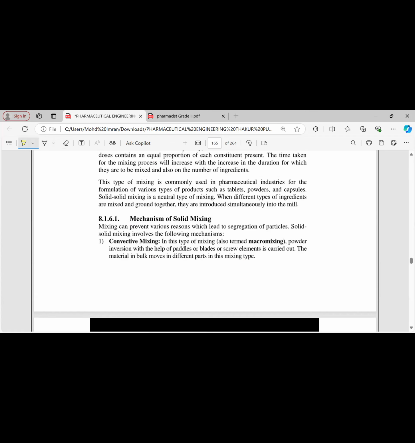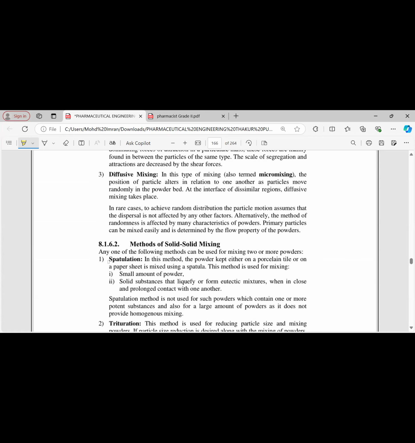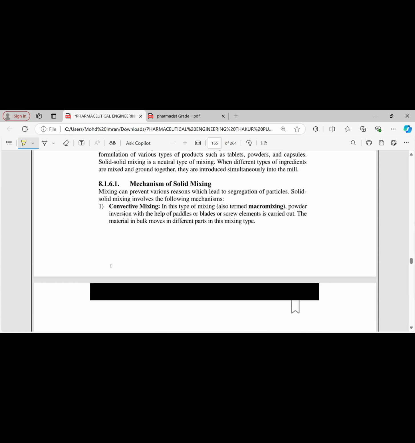Next, mechanism of mixing. You have different mechanisms of mixing like convective mixing, shear mixing, diffusive mixing. We are not going into details. Generally, convective mixing means power inversion with the help of paddles, blades, screw elements to mix; that is convective mixing.